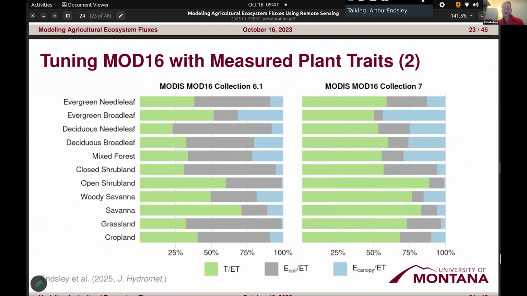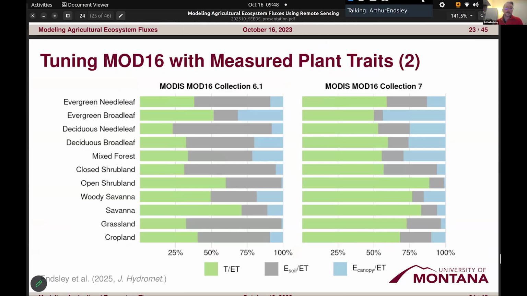And we know that this improves our models because we can look at something like, in the case of Mod 16, we are able to actually partition evapotranspiration into transpiration, soil evaporation, and canopy evaporation. But we don't actually calibrate those different partitions. We don't have a way of doing that, really.